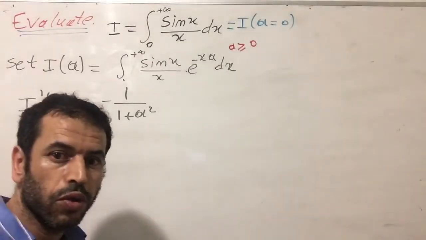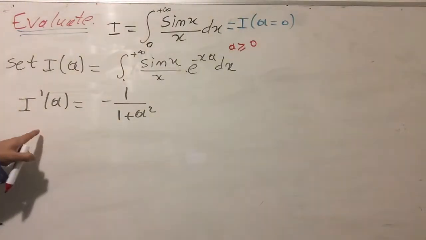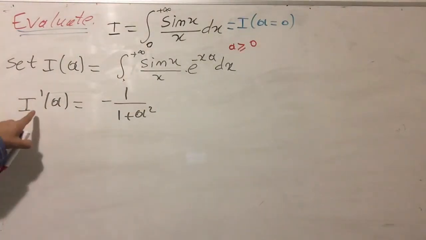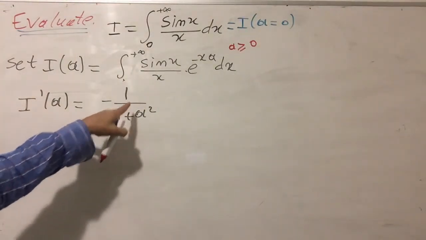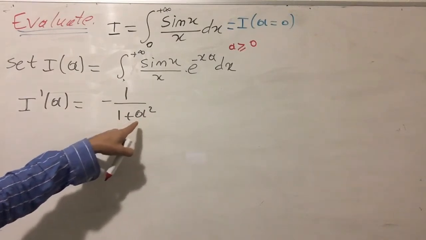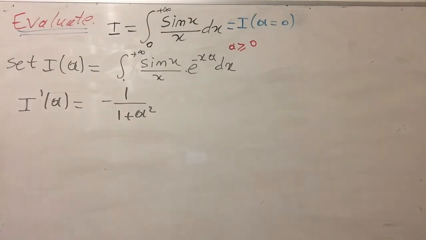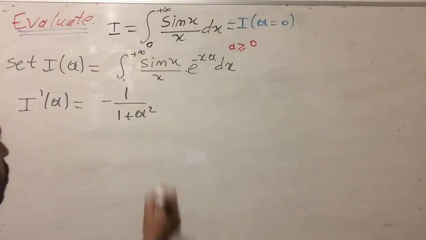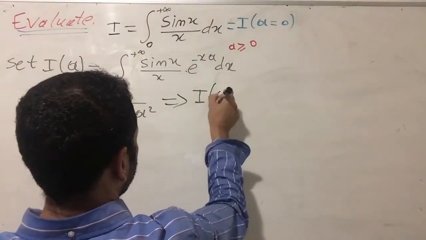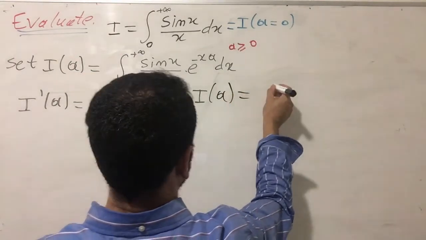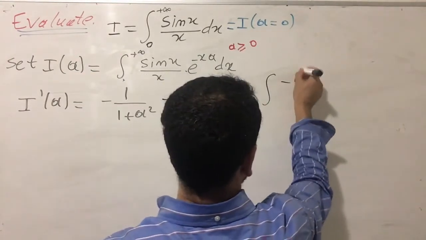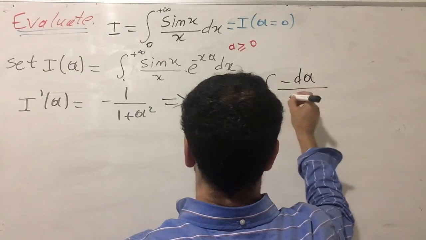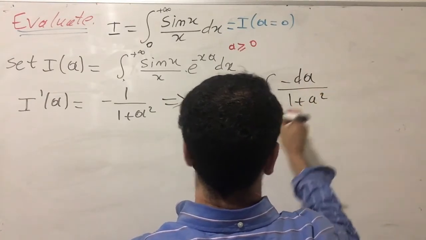So in the last board we were working on this derivative function. We found I prime of a equal to minus 1 over 1 plus a square in terms of a. Okay, I'm going to integrate this back in order to go back to the original integral. I of a equals the integral of minus da over 1 plus a square.